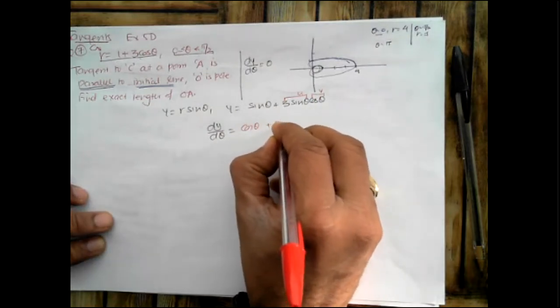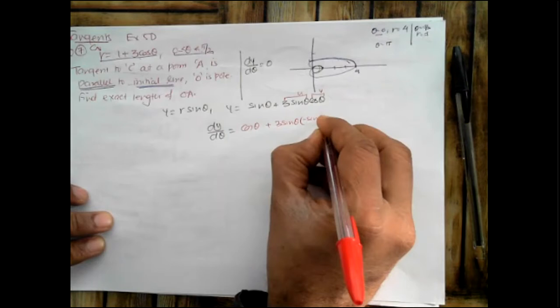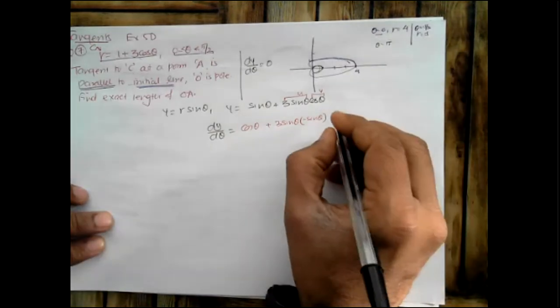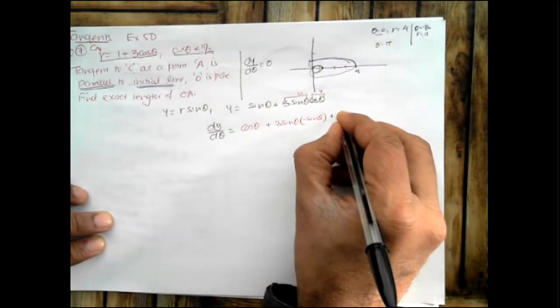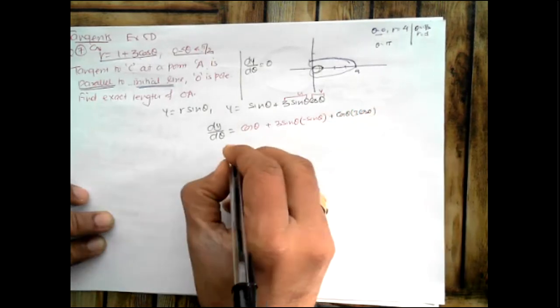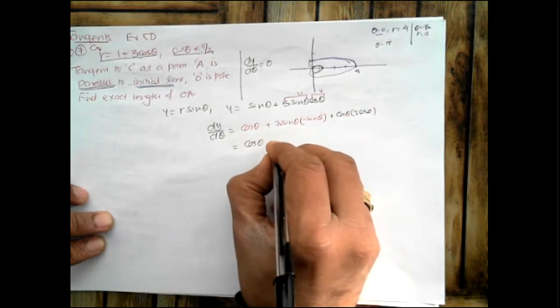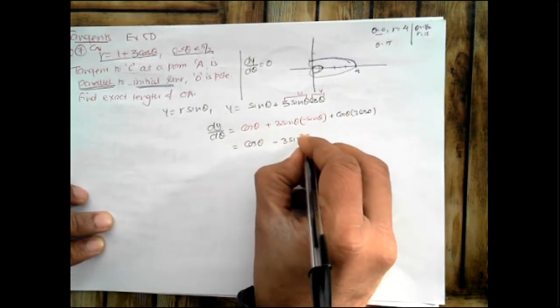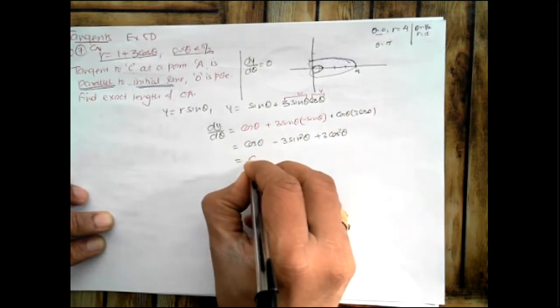That gives me 3 sine theta times minus sine theta, and then it gives me plus 3 cos theta times 3 cos theta. So this is cos theta minus 3 sine squared theta plus 3 cos squared theta.